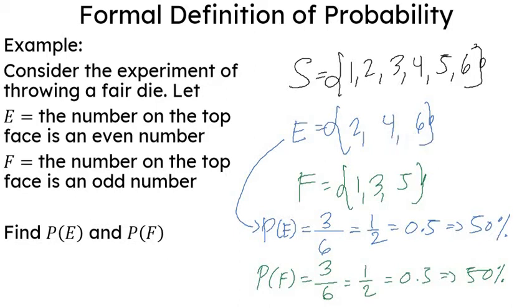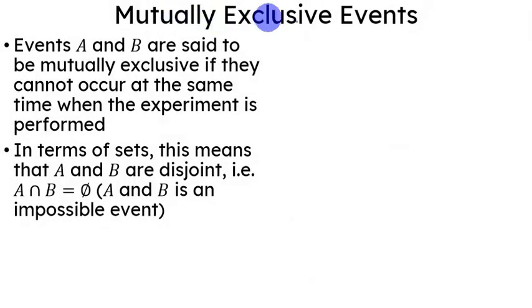Such events are what we call mutually exclusive events. Events A and B are said to be mutually exclusive if they cannot occur at the same time when the experiment is performed. In terms of sets, this means that A and B are disjoint. That would mean A intersection B is a null set. We also call this an impossible event.